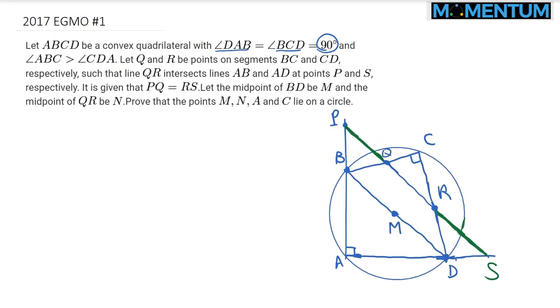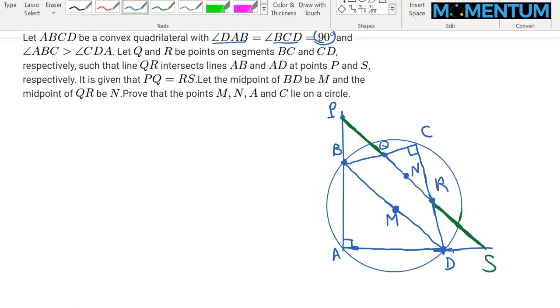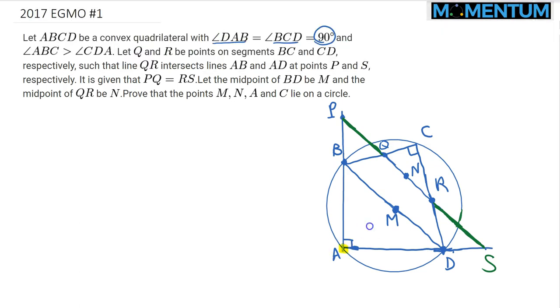Sorry for that. The midpoint here, and then let me just move M a little bit down, so somewhere here. The claim is that the 4 points A, M, N, and C are concyclic, so we need to show that those 4 points are concyclic.